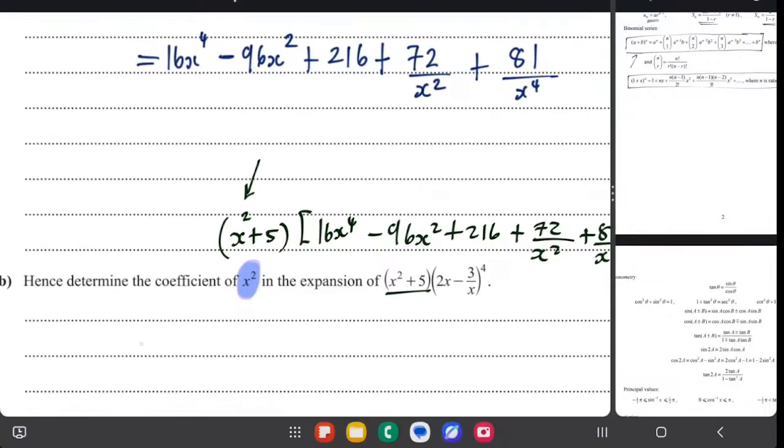So the coefficients we have 216 by x squared, which is 216x squared, right? For coefficient, we'll only take the number. But first I'm putting with the x squared, right? Plus, who will give us x squared when 5 multiplies this whole bracket?